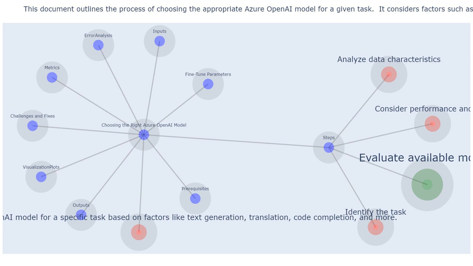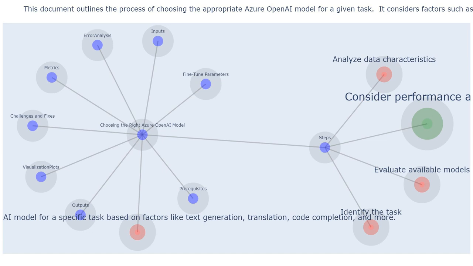Evaluate the different Azure OpenAI models available and their capabilities. Consider models like TextDaVinci 003 for creative text generation, Codex for code completion, and GPT 3.5 Turbo for general-purpose natural language processing tasks. Compare the performance and cost of different models based on the identified task requirements and data characteristics.